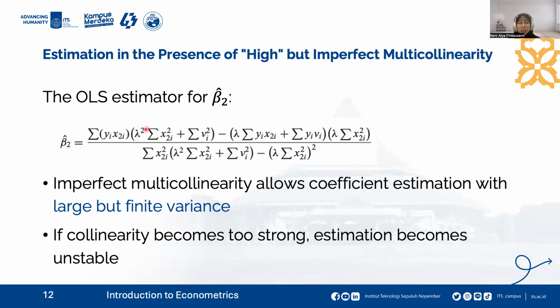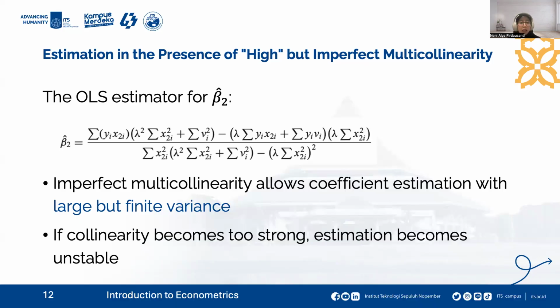We know that in imperfect multicollinearity, x3 equals lambda x2 plus a random variable. So let's say x3 equals lambda x2 plus vi, because we know it is a linear function.